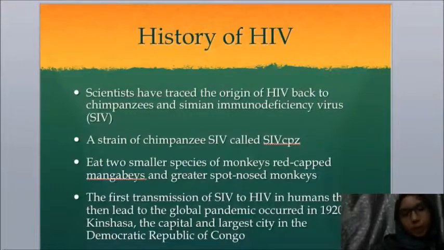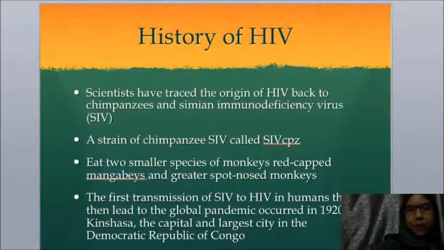So from many research, scientists have managed to trace the origin of HIV, and they have found that HIV may come from the chimpanzees and the simian immunodeficiency virus, which is also known as SIV.